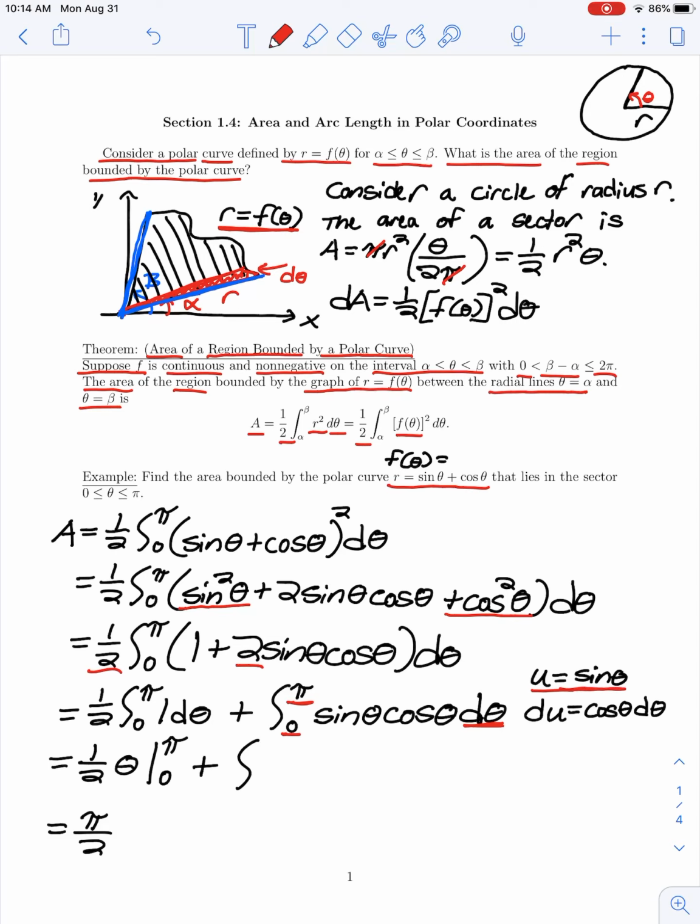Now u is defined as sine of theta. So for our lower limit, when theta was 0, u is sine of 0, which is 0. And our upper limit, which was theta equals pi, u would be sine of pi, which is 0. And then the function that we're integrating in terms of u would be u du.